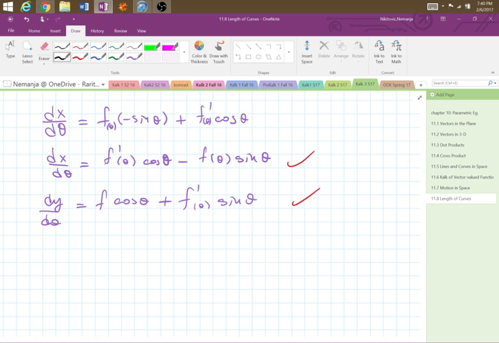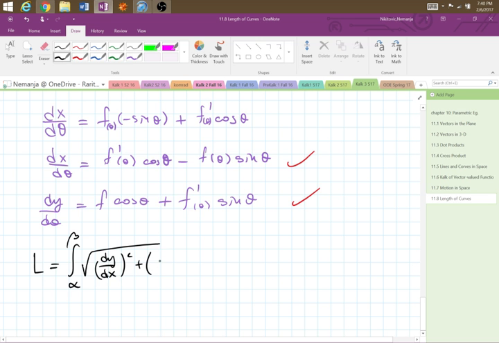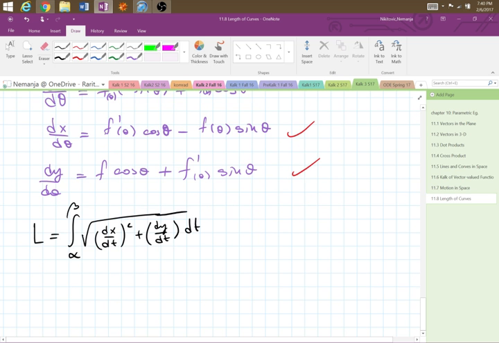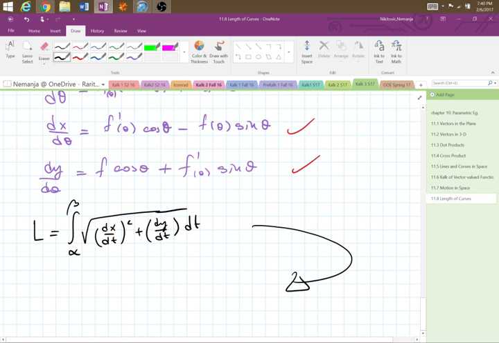If I am to take the good old arc length from alpha to beta, the square root of dx dt squared plus dy dt squared, dt, and we are simply to interchange variables where t is theta.